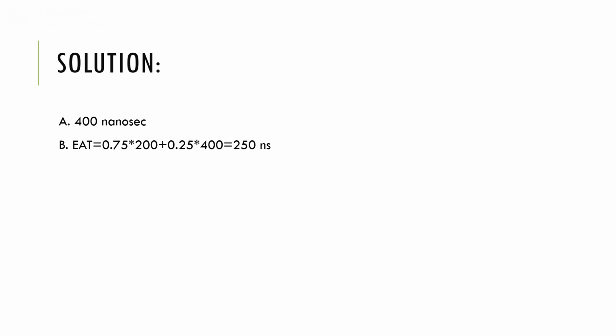This is the time taken for a direct memory reference, plus the miss ratio, which will be 1 minus 0.75, which is 0.25, into the miss time, or the time taken to reference a page which is not there in the TLB or page table.